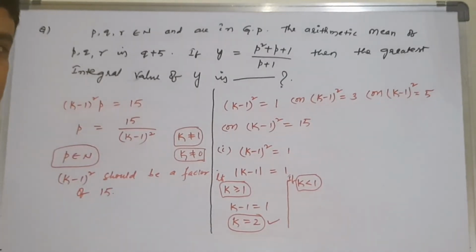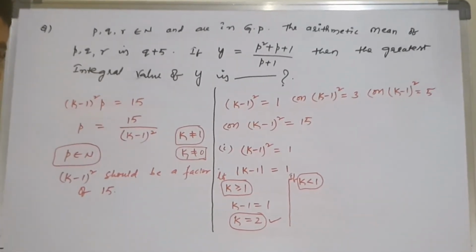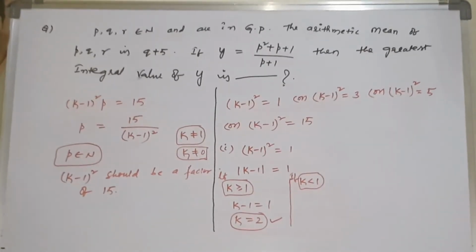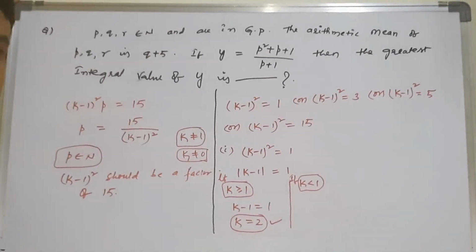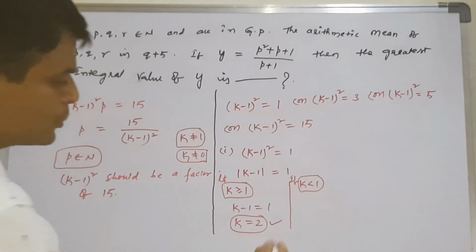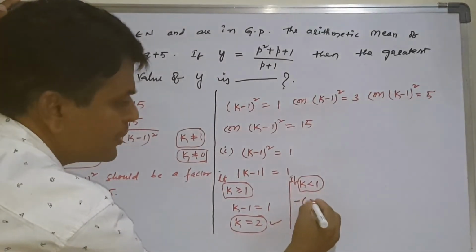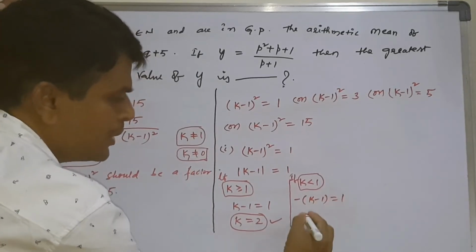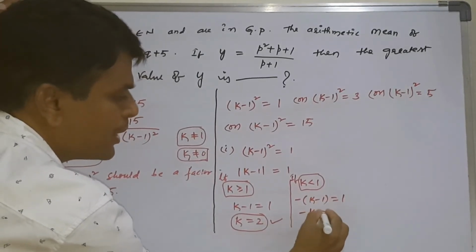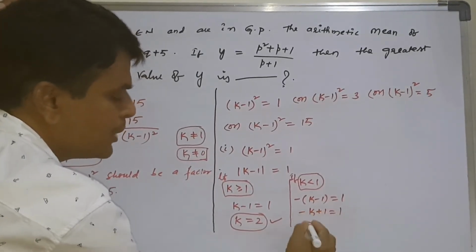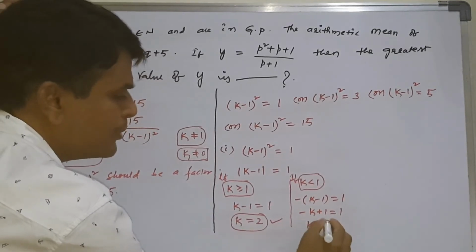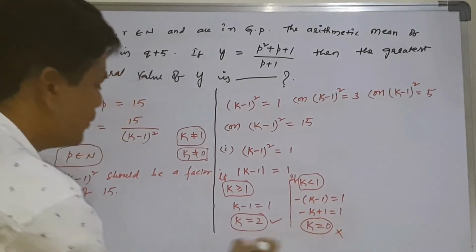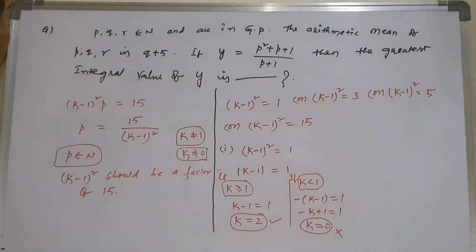The role of modulus is clearly making it positive. If the inside thing is negative, you have to remove that modulus by multiplying with negative. So it will come out to be minus of (k minus 1) equal to 1. Then you will be getting minus k plus 1 is equal to 1. The k value is 0. But k is 0 ruled out, since k should not be 0.